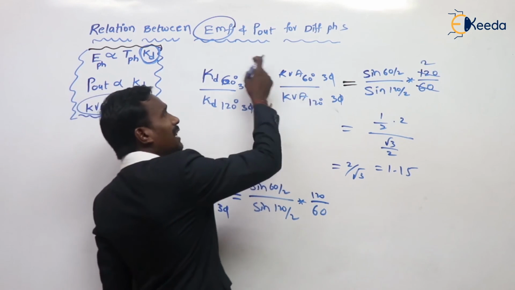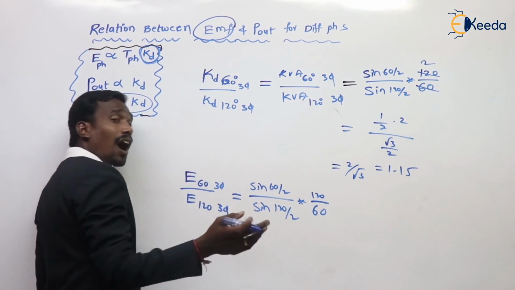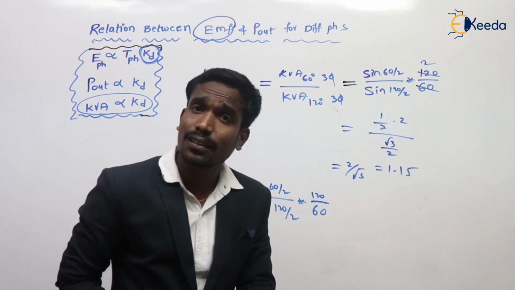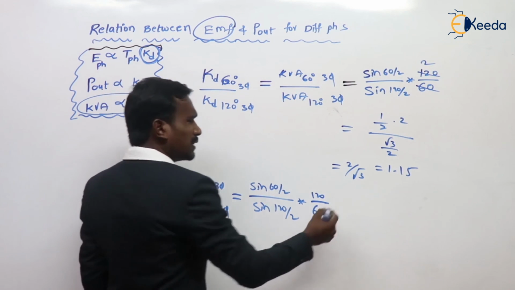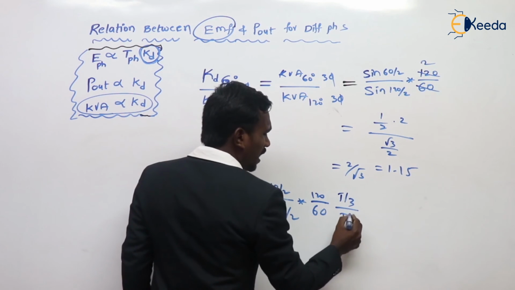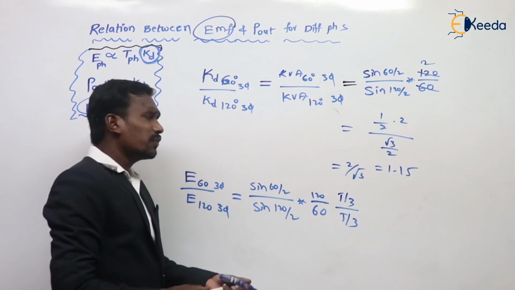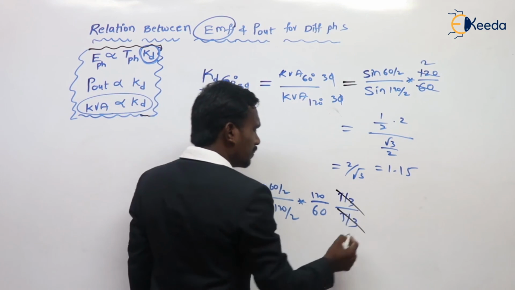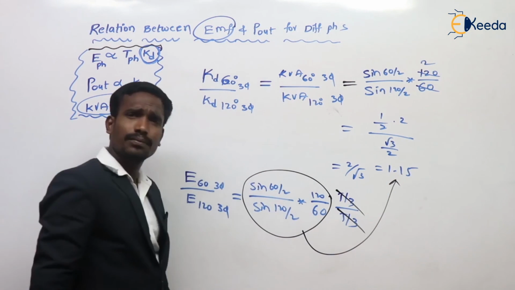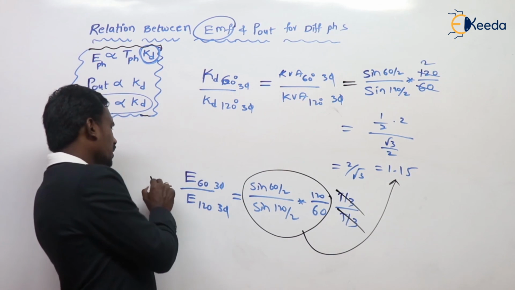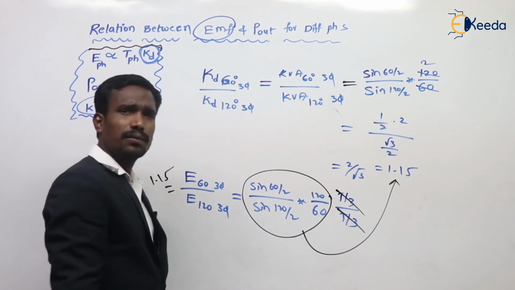This is the value of KD. Now tons. How can we take the tons, sir? Both are 3-phase, so T by 3 and T by 3. T by 3 and T by 3 get cancelled, and this value is 1.15. So this value is also 1.15.